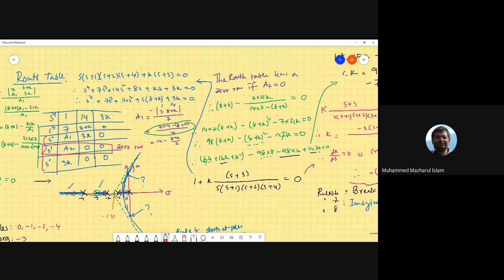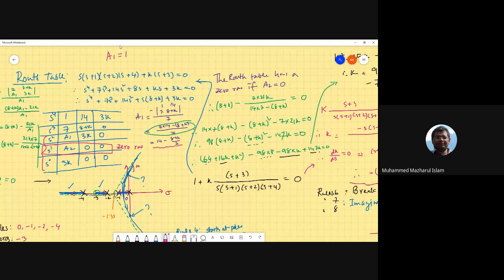So either you'll have no sign change, and if you have no sign change then both the poles will be on the imaginary axis. If you have one sign change then you'll have one pole on the right hand side and another pole on the left hand side. And if I get A1 negative then there will be a problem, so let's check A1, shall we? This is A1.